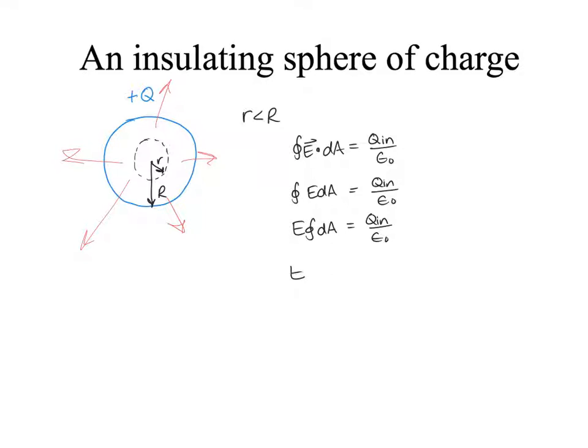When I integrate dA over the entire surface, I get the area. And the area is 4 pi r squared. But what is the charge that I've enclosed?